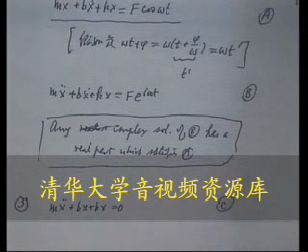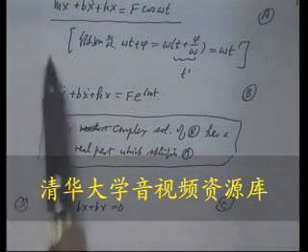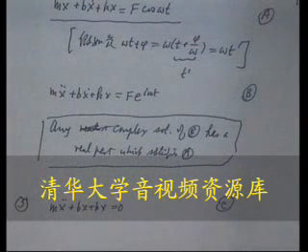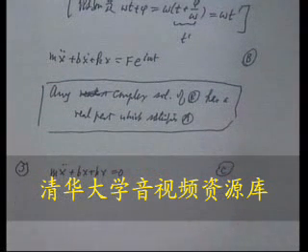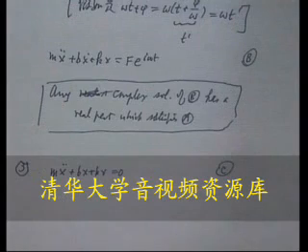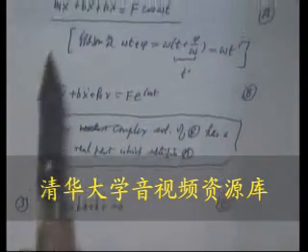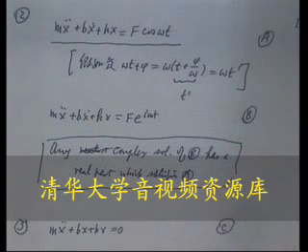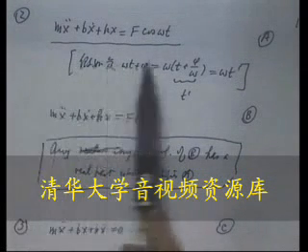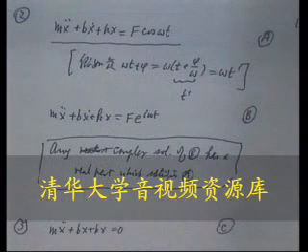Obviously, suppose the solution of this one is called x1, and the solution of this is called x2. Now I take x1 plus x2. If you substitute x1 plus x2 on the left-hand side, the x2 part drops out because of this, so you are only left with x1, so you get the same equation.